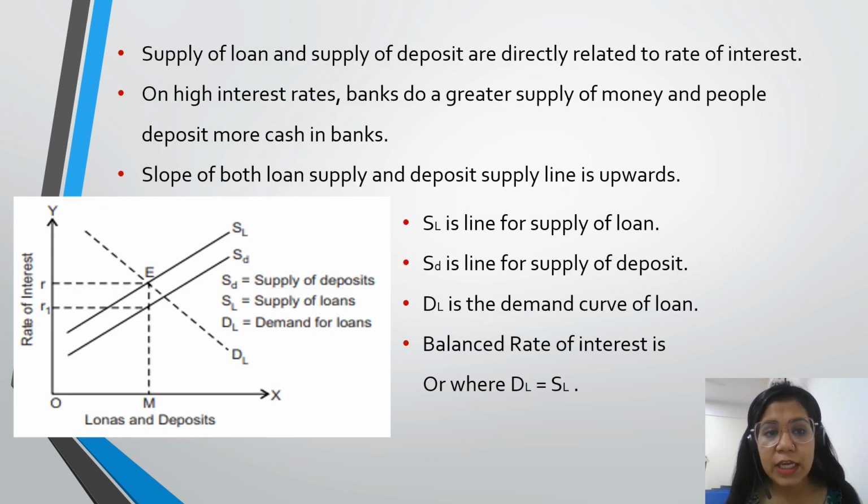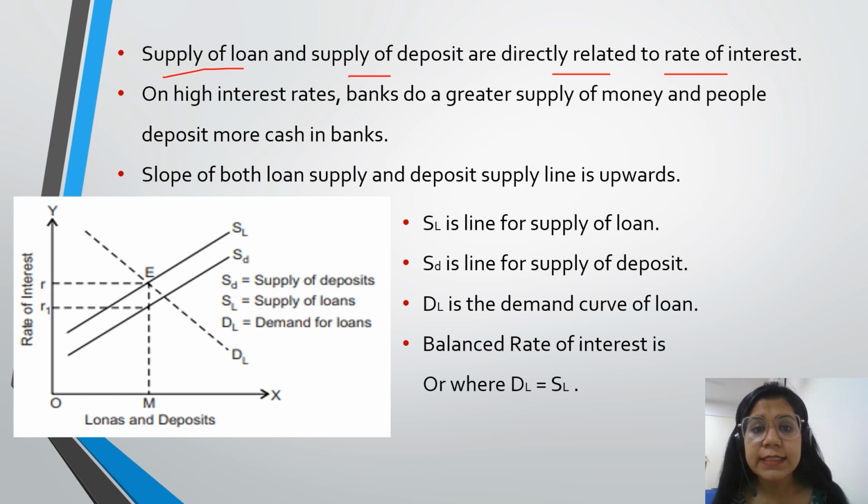So the supply of loan and the supply of deposit are directly related to the rate of interest. Why? See, who does this supply of loan and supply of deposits? It is done by the banks, right? So when they supply, then they will be getting this interest rate.